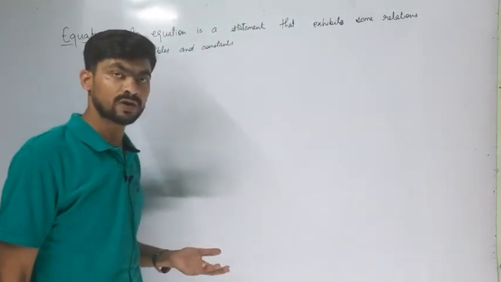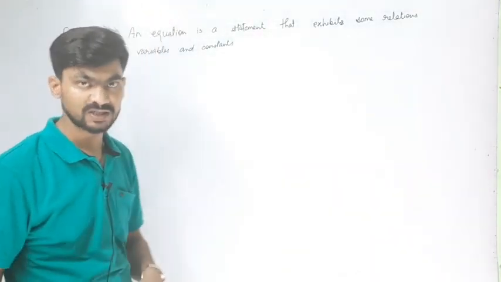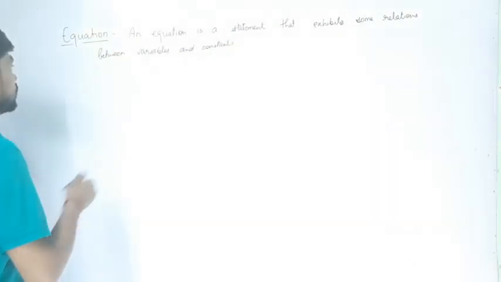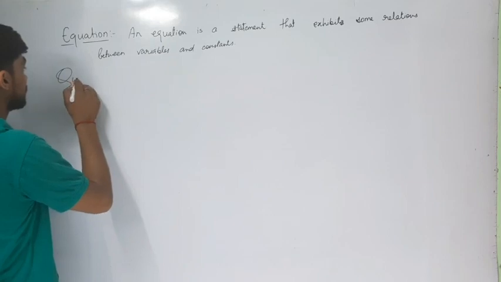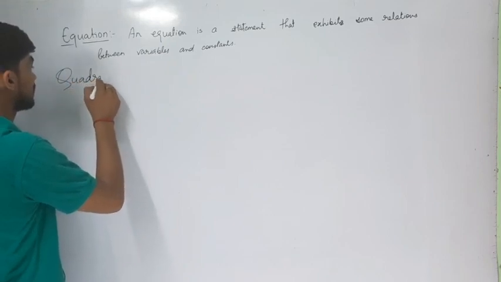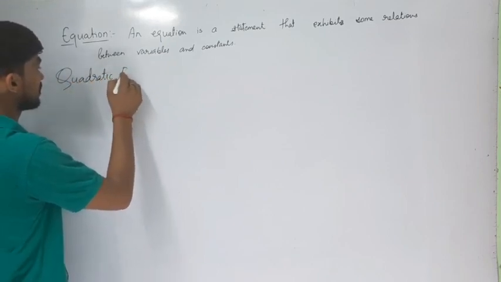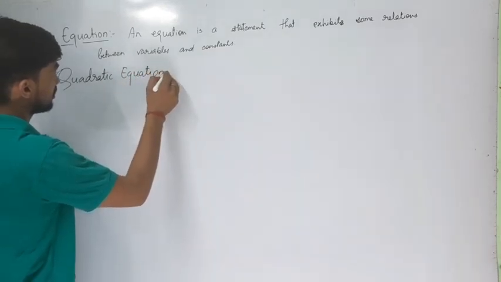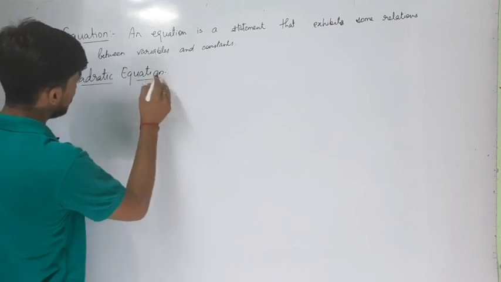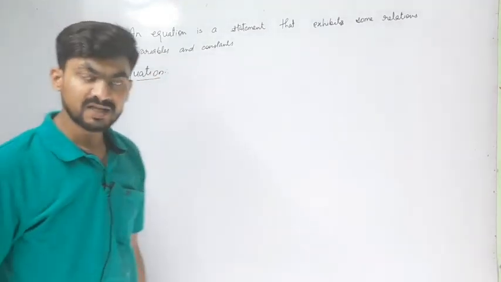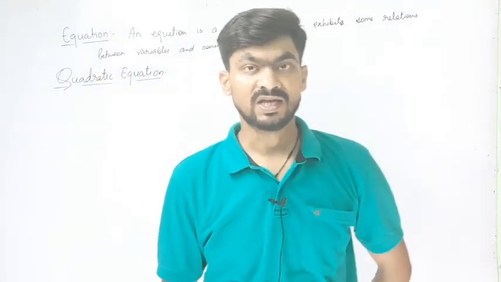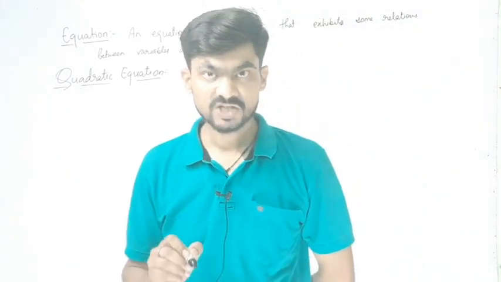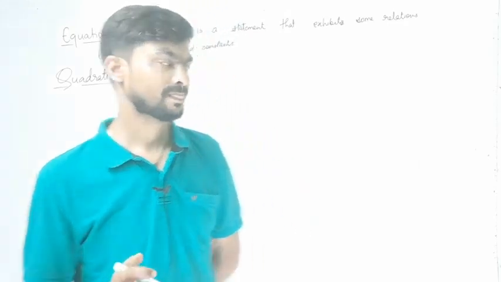So what is quadratic equation? Let us try to see. I think you are familiar with equation now. So what is quadratic equation? Quadratic equation is an equation in which the variable involved takes the highest power as 2.